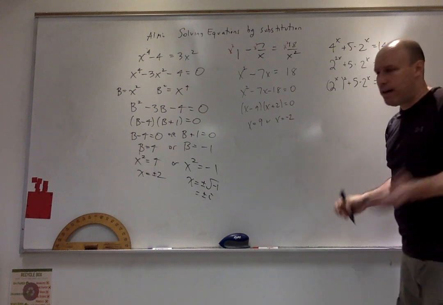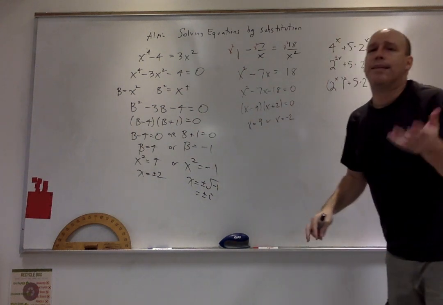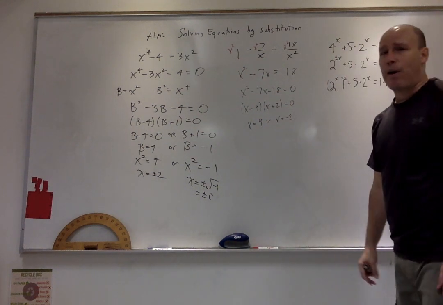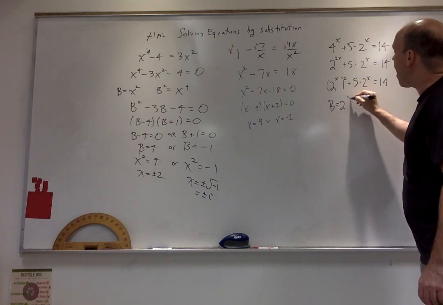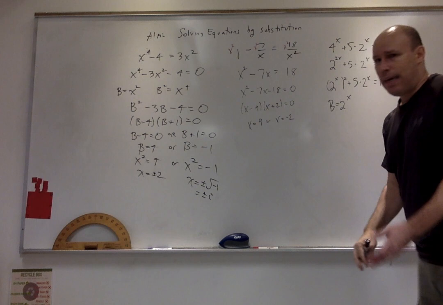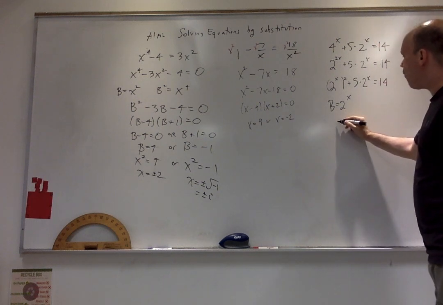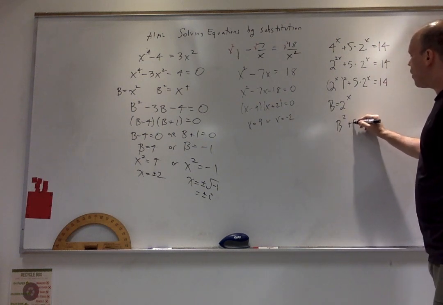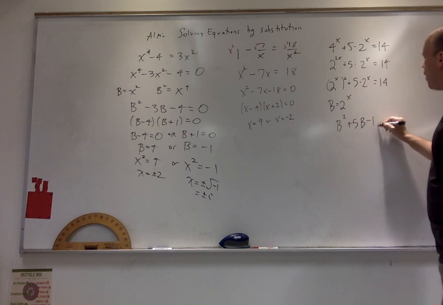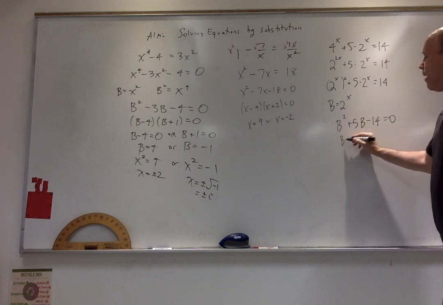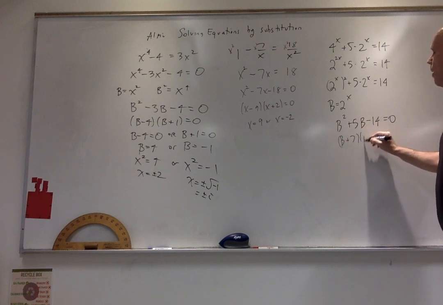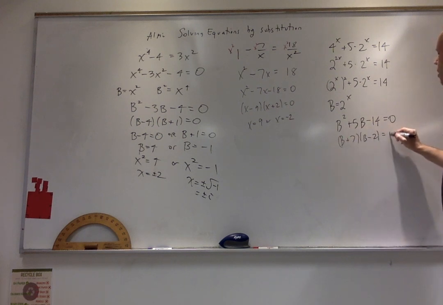And suddenly, the first example makes sense. What substitution am I going to make here? Let's let b equal 2 to the x. By letting b equal 2 to the x, we have b squared plus 5b minus 14 equals 0. We have b plus 7, b minus 2 equals 0.